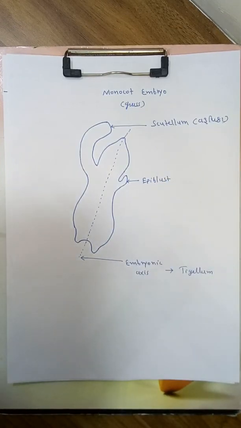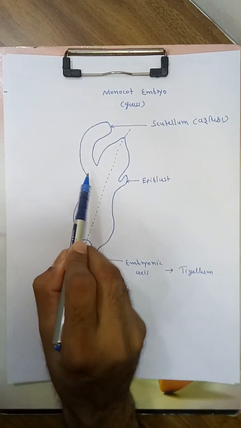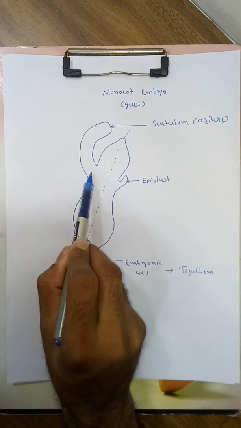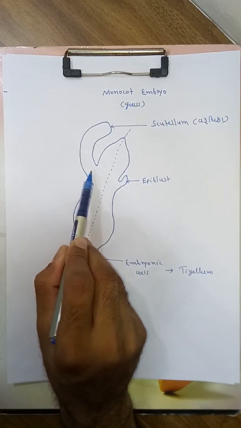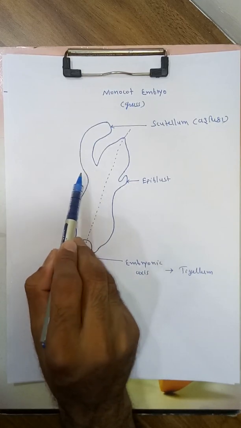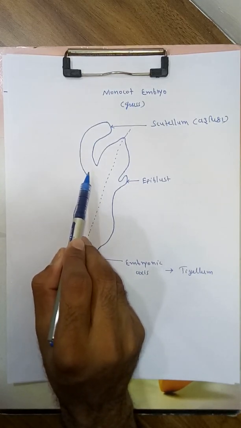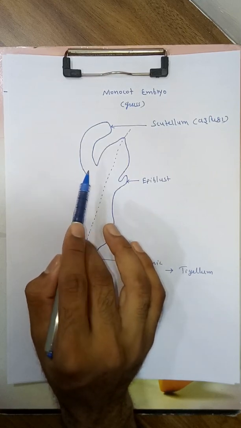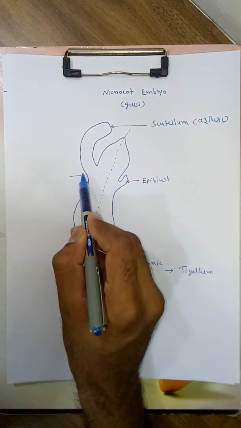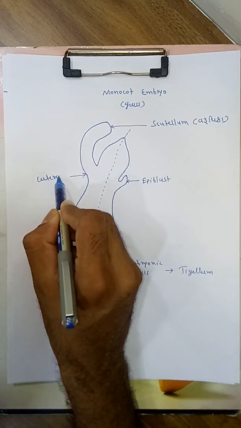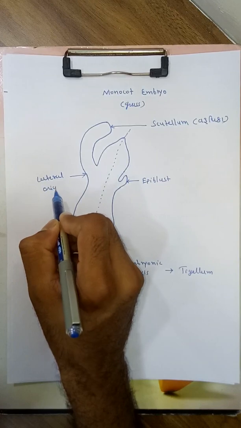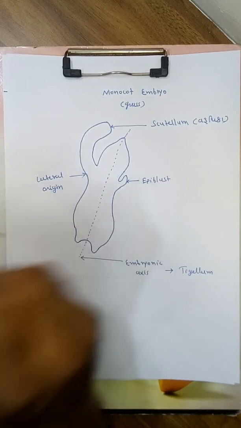Now you can see here the developing of scutellum. It will start from the lateral side. The origin of scutellum is lateral, right? Lateral origin.